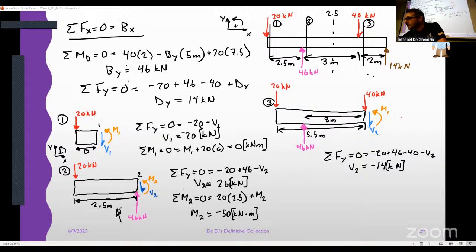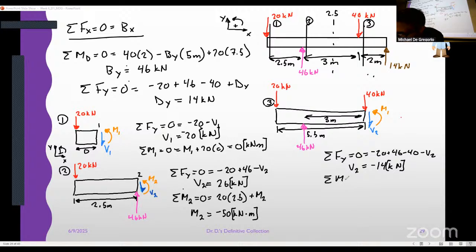The only two forces on there are still the 20 and the 46. So the magnitude of the shear is the same. The difference is that the moment is going to have a different value, and that's dictated by how far away we are. Remember, in cases like this, the moment changes linearly. So we'll see what that means for us in a second.